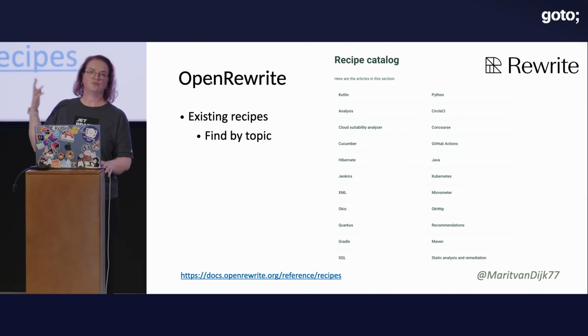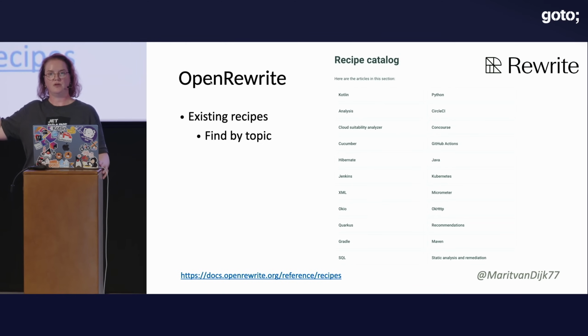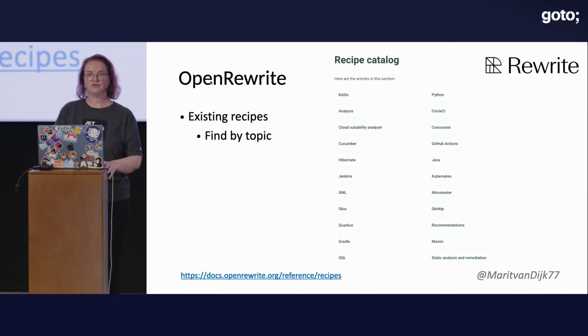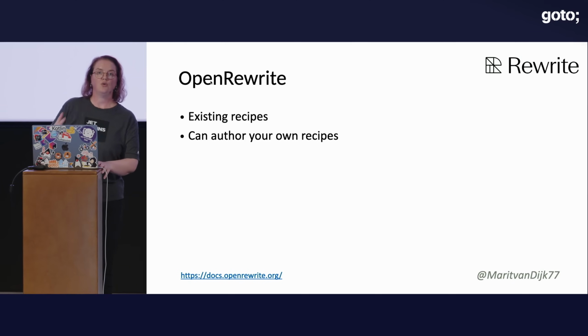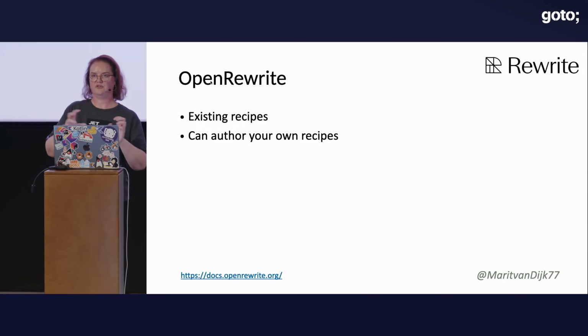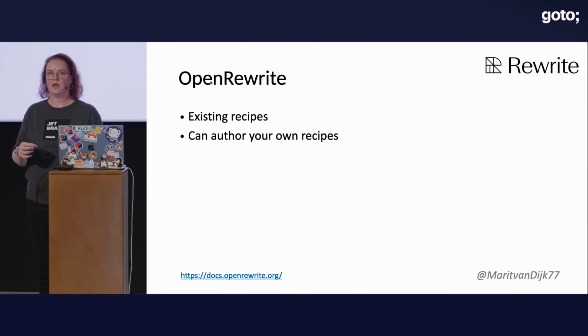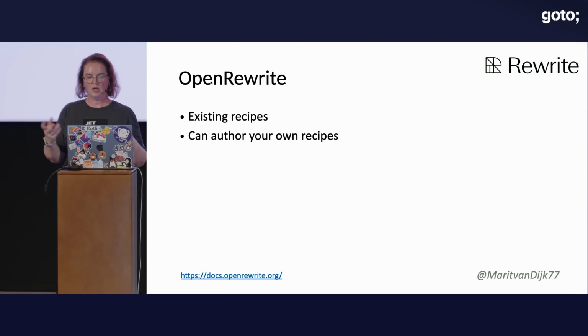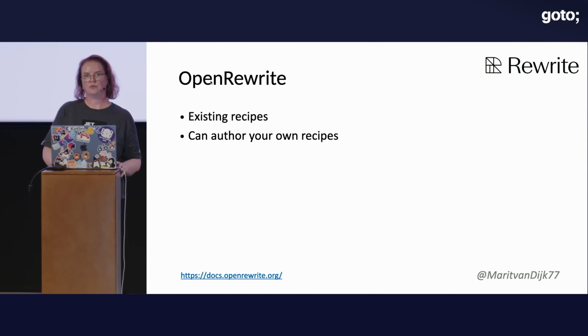There are recipe catalogs per topic. As you can see, there might be some stuff for Python in there. Definitely for Kotlin and Java, there's some stuff in there. And you can author your own recipes. So if you have specific needs within your company, or you want to migrate from one version of an internal library to another version, you can write your own recipes to migrate your code.